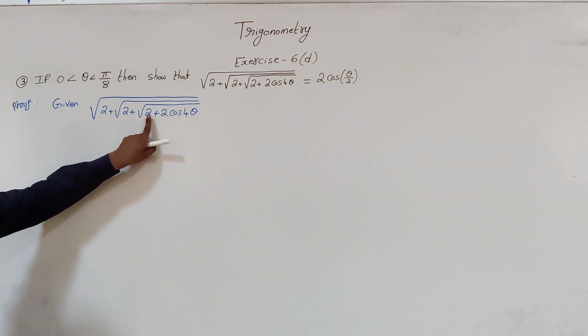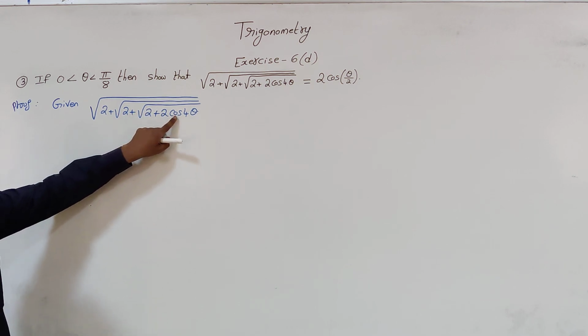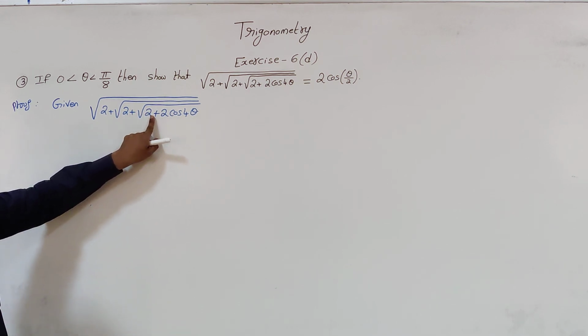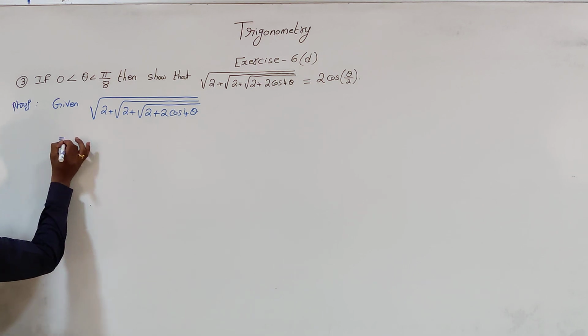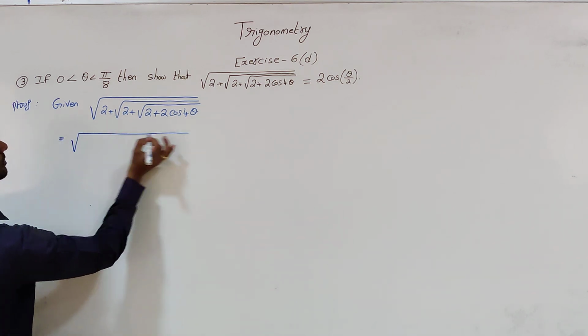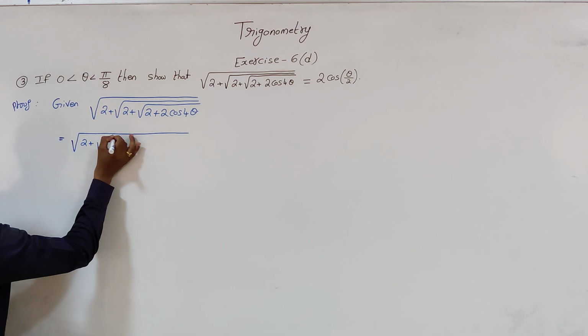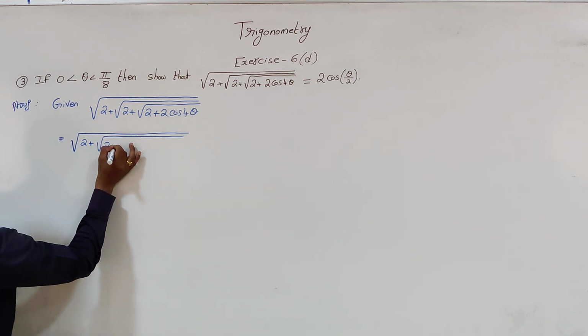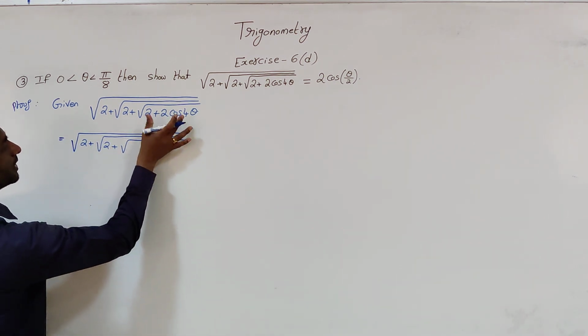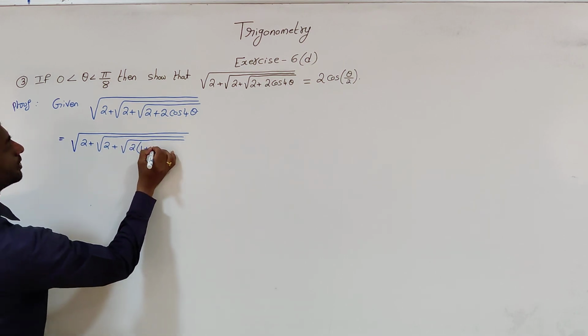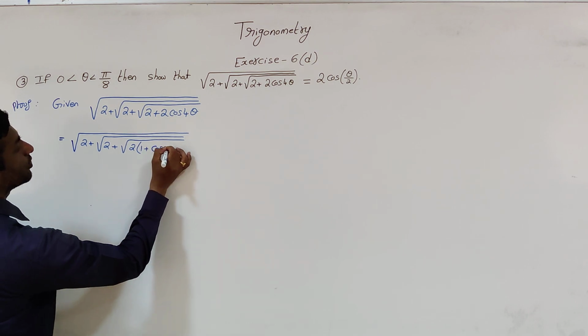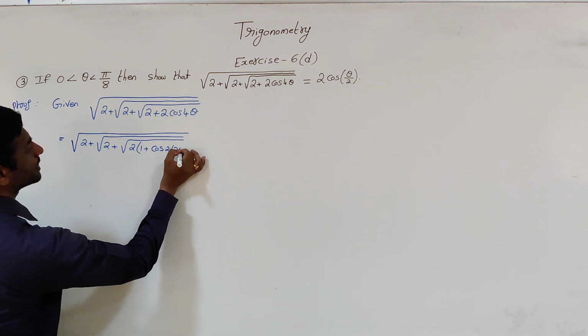In this internal square root, first we'll go for square root of 2 plus 2 cos 4 theta. In these two terms, we can take 2 common, and 4 can be written as 2 times 2 theta. So it is square root of 2 plus square root of 2 plus, again in this internal we can take 2 common, it will be 1 plus cos 4 theta.